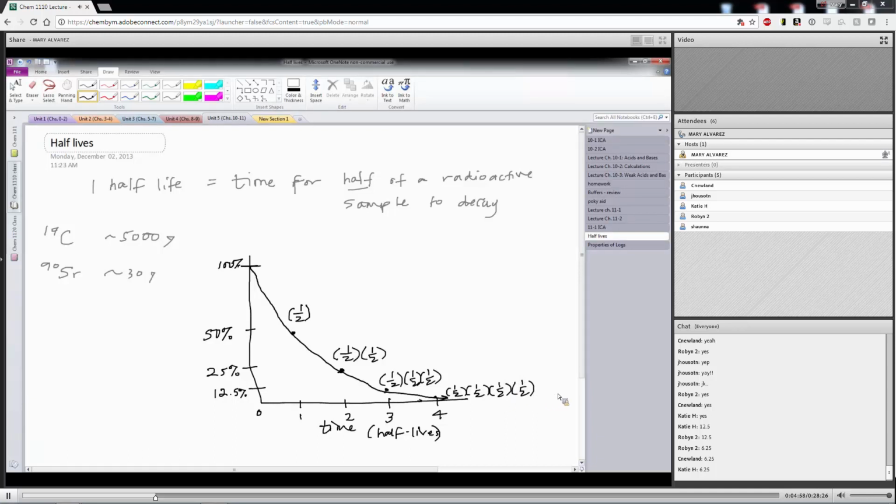Everybody agree with that? Feel comfortable with that? Another way we can express this is to say this is 1/2 raised to the first power, because there's only one of them. This is 1/2 squared. This is 1/2 cubed. This is 1/2 raised to the fourth. Everybody feel good about that?